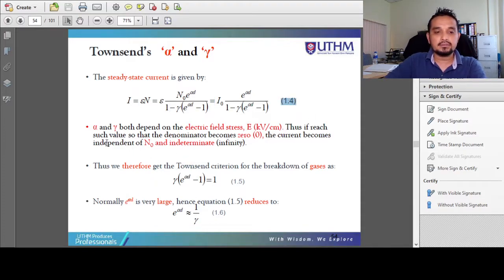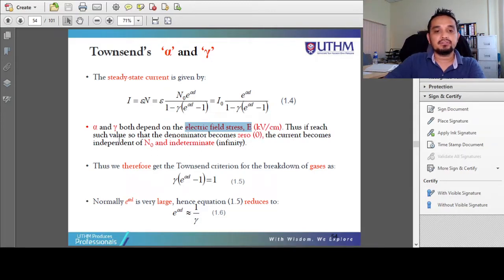If we look carefully, alpha and gamma in both scenarios in the Townsend principle depend on the electric field strength E, in volt per centimeter or kilovolt per meter.